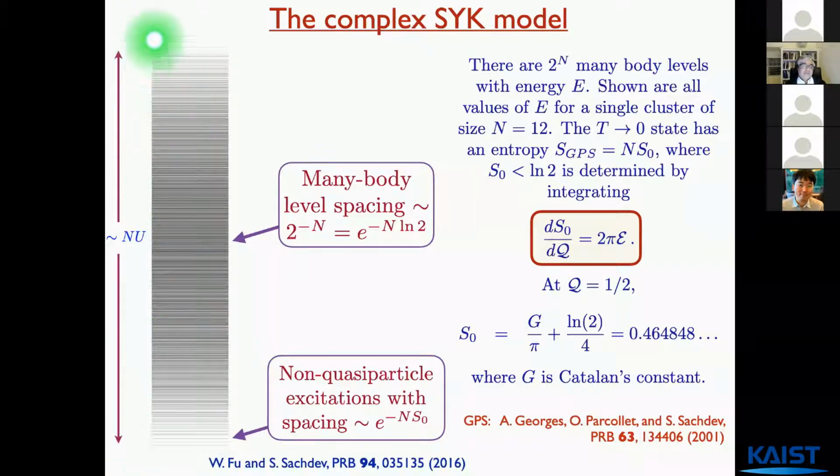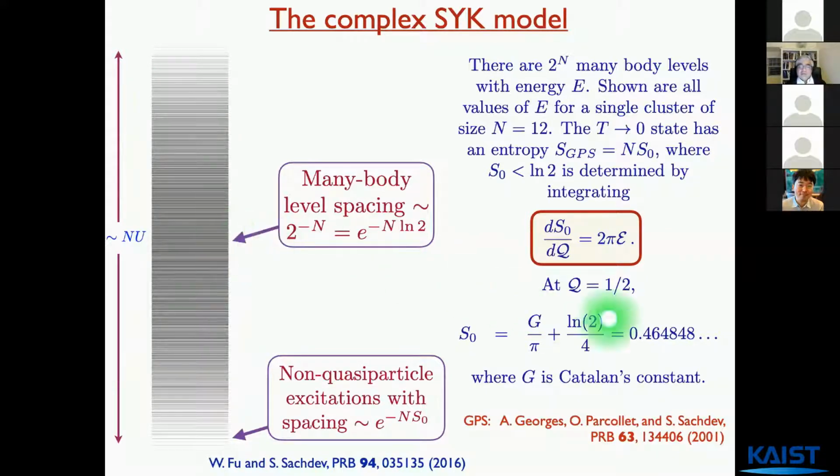So the width of this, it's quite easy to see, is N times U. But the number of states in here is 2 to the N, since I'm looking at all the states, I'm not conserving Q. So you have 2 to the N states in a width of order N, which means that the level spacing, to exponential accuracy anyway, is 2 to the minus N, or e to the minus N log 2. So that's how many levels you have very close to each other here.